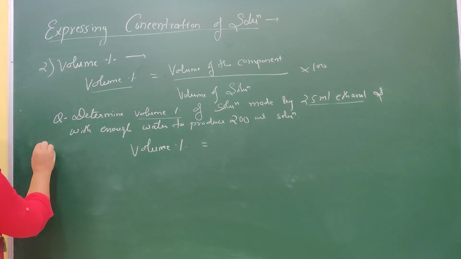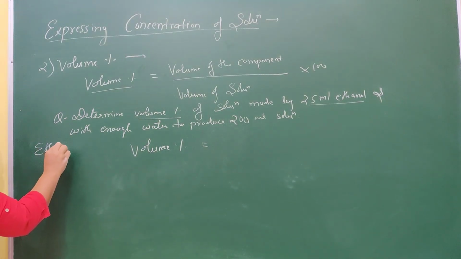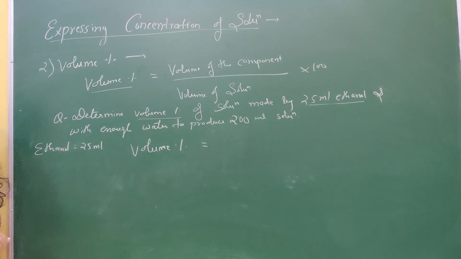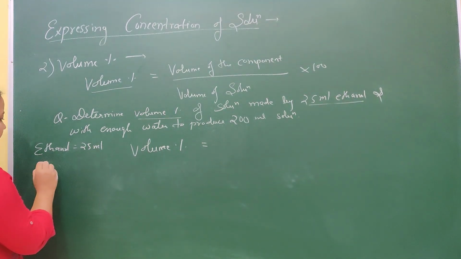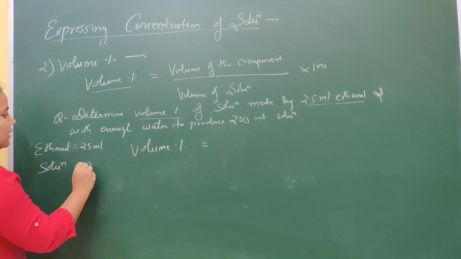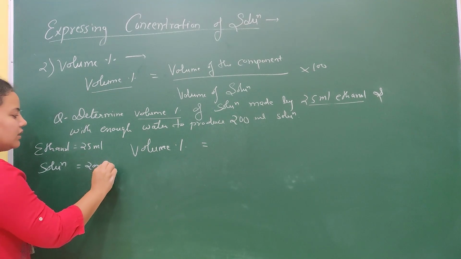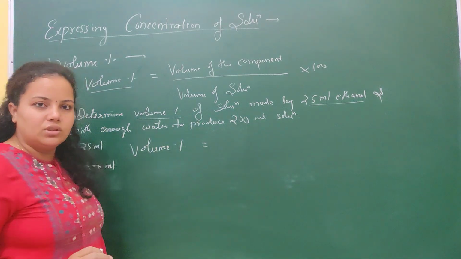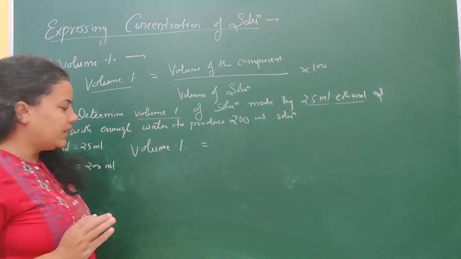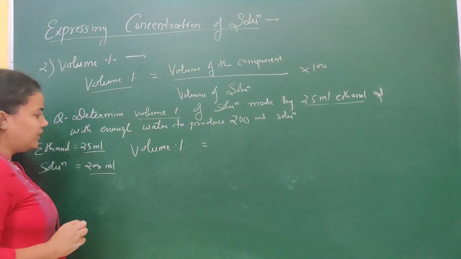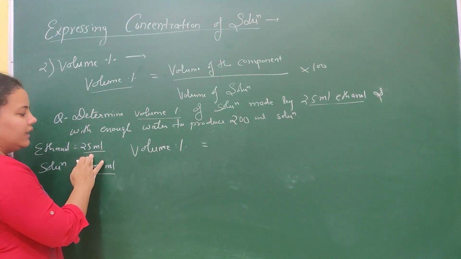So the composition of ethanol here is 25 ml and the total volume of solution is 200 ml. They have directly mentioned 200 ml solution. They haven't given you water, right? So the volume of solution is 200, and the volume of this component is 25 ml.